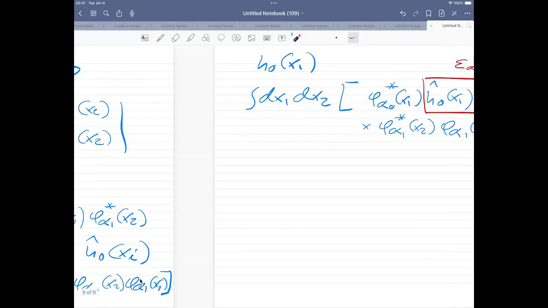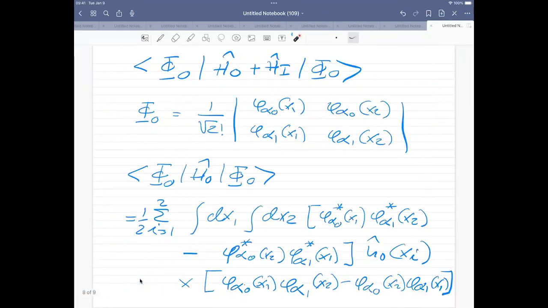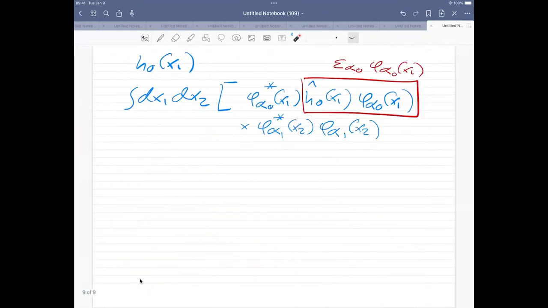But this is multiplied, as we have here, with a factor of a half. Then, if I look at the next terms, I'm going to have a term here which contains phi alpha 0, but there's a minus sign, sorry. There's a minus sign here.